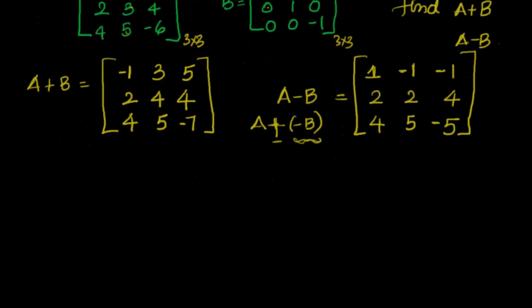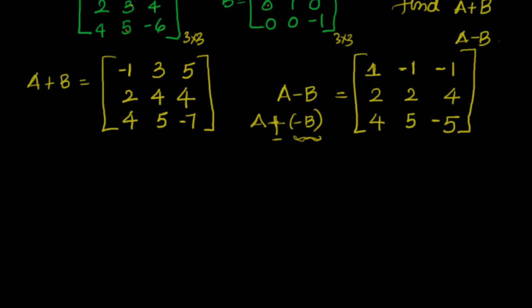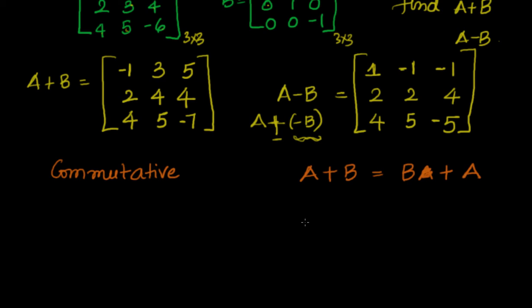Now just before wrapping up, let us see some properties with respect to the addition of matrices. We know these properties which we are learning from childhood. That's commutative with respect to matrices and addition: A plus B is equal to B plus A. You can cross check that. You can take two matrices arbitrarily, but make sure that both of them are of the same order.